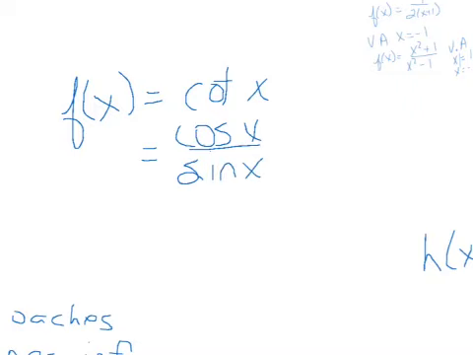Now, where is the sine of x equal to 0? At 0, at pi, where else? 2 pi. So could we say that we have a vertical asymptote when x equals n times pi, where n is an integer?